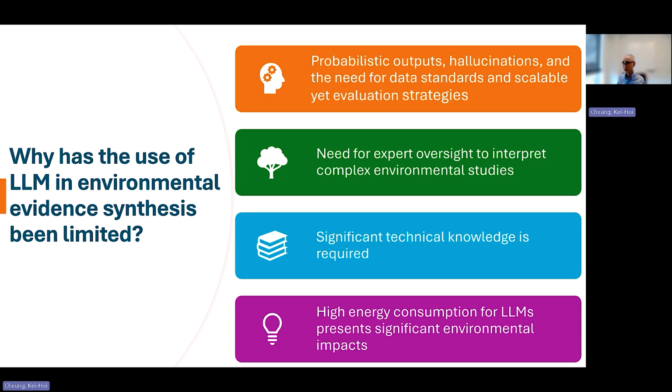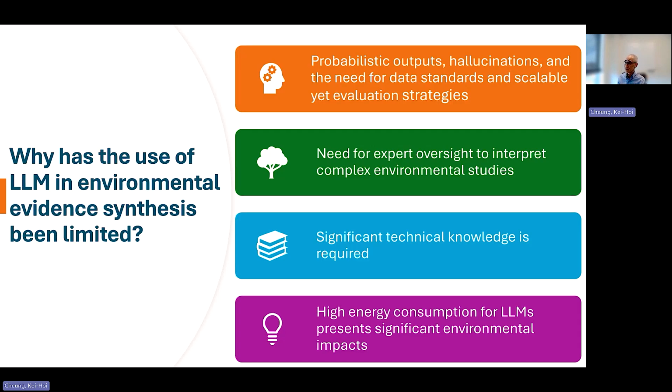Another issue with LLM is, of course, hallucination, because it's pre-trained with a large amount of knowledge, maybe from the literature, from web resources. But given its probabilistic nature, sometimes it would hallucinate and give you erroneous results.